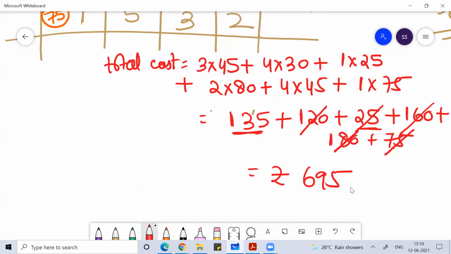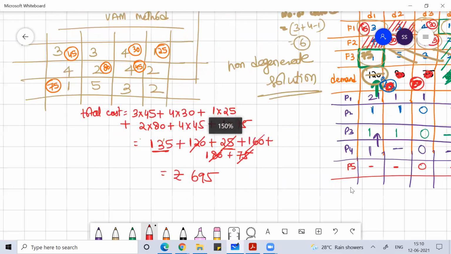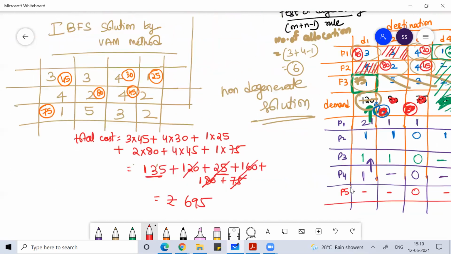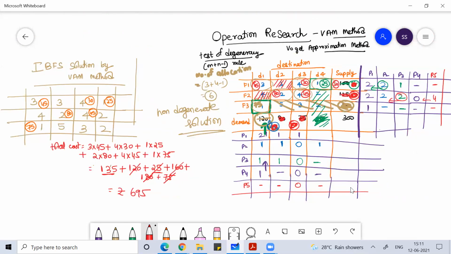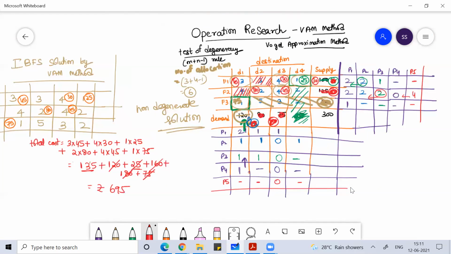Check the answer, guys. Clear, everyone? Let me know if anyone has any doubt. See this part, everyone. I have minimized everything. Whatever I did so far, I have summarized in front of you.